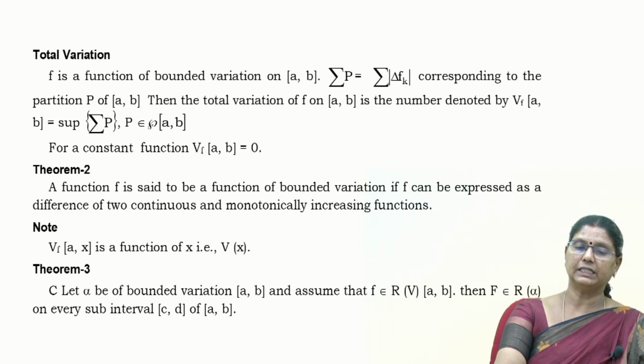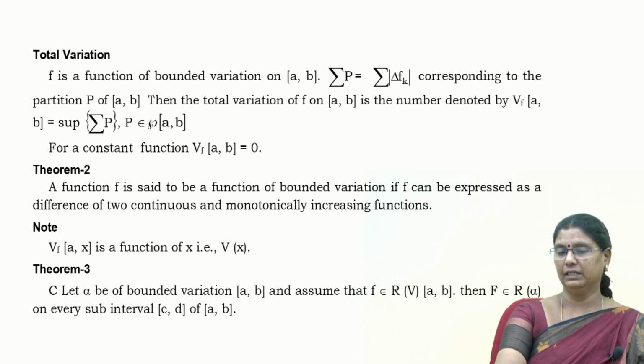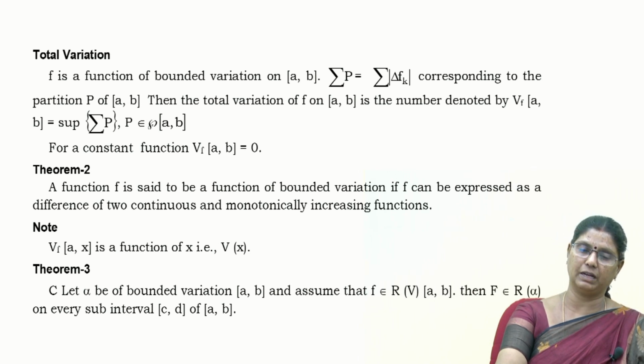Then the total variation: if f is a function of bounded variation on [a, b] and the summation for the partition P is the summation of modulus of delta f k, then the total variation of f on the closed interval [a, b] is the number V f of a comma b, which is the supremum of the summation over P, where P belongs to the set of all partitions of [a, b].